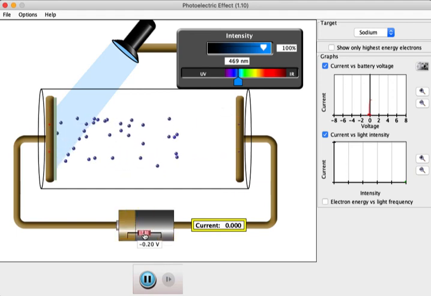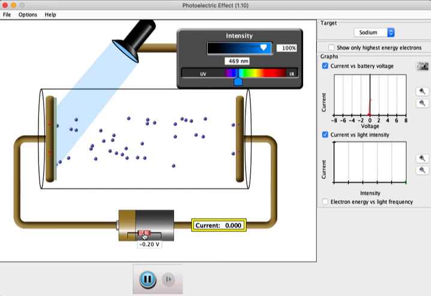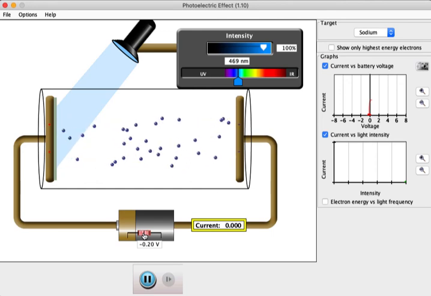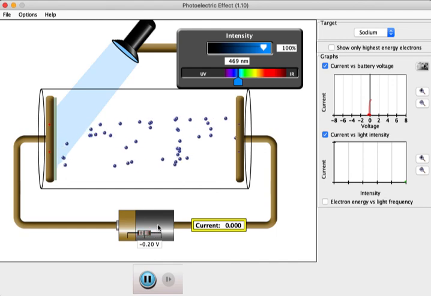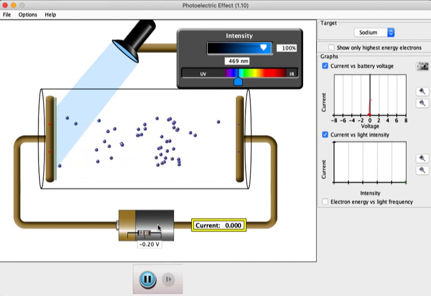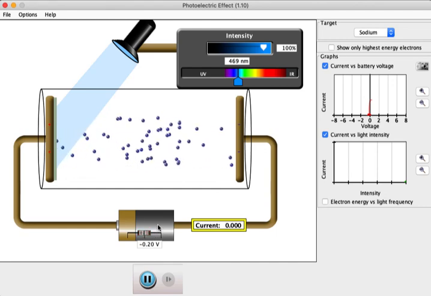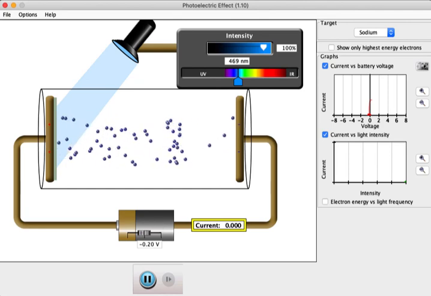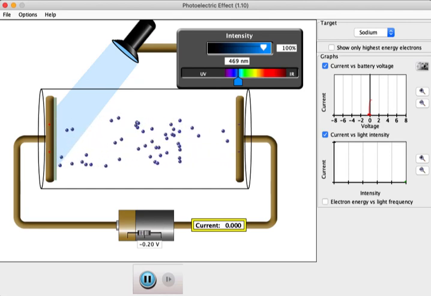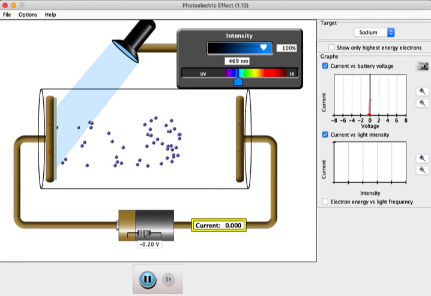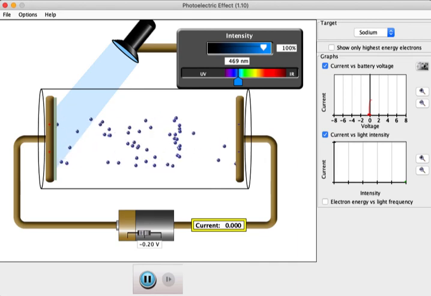By doing that, you actually can measure and get a value for Planck's constant itself. But I'm not sure how that's actually going to work this semester. You'll have to let me know how that goes. Okay. So I think that's all you really need to know for the photoelectric effect. You can certainly read more about it in Thornton and Rex.